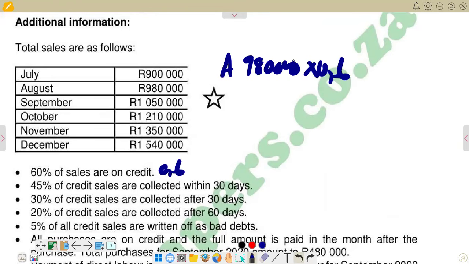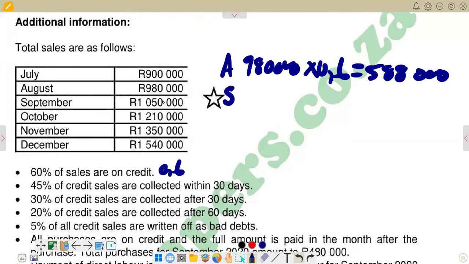If you calculate correctly, we get 588,000. Let's just confirm there: 980 multiplied by 0.6 gives 588,000. And then we go to the next one.